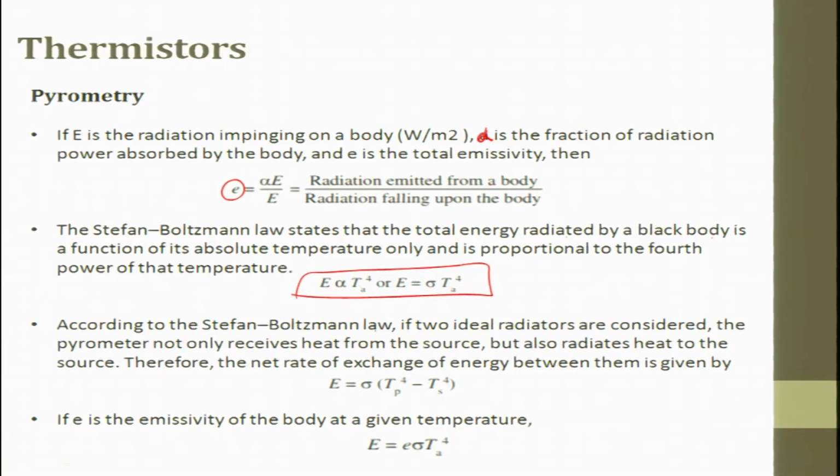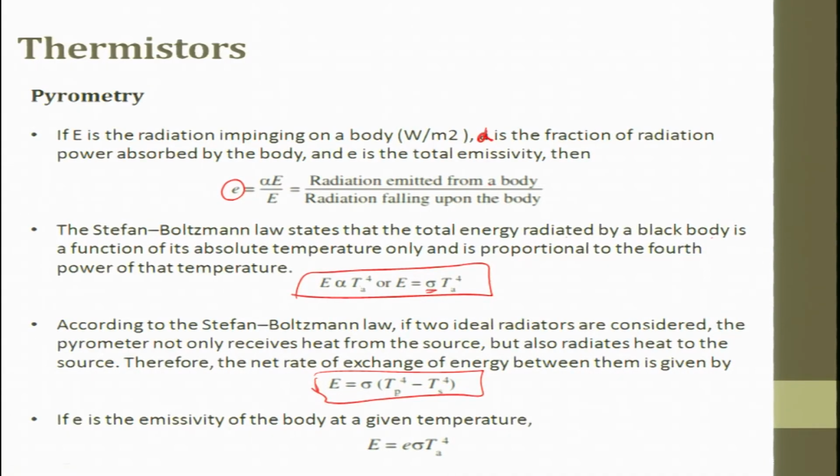According to the Stefan-Boltzmann law, if two ideal radiators are considered, the pyrometer not only receives heat from the source, but also radiates heat to the source. Therefore, the net rate of exchange is E equal to sigma times Tp to the power 4 minus Ts to the power 4.